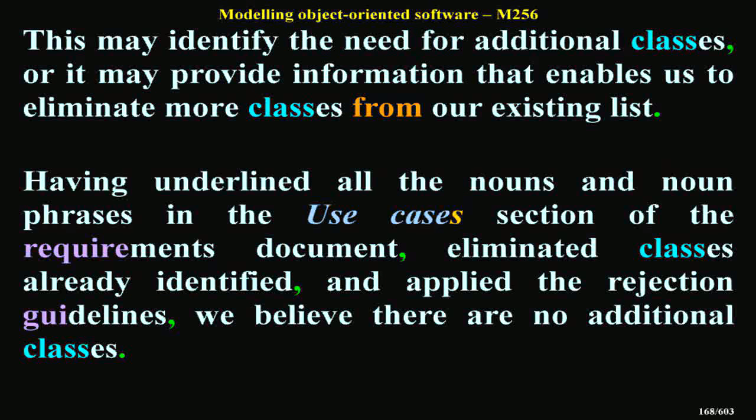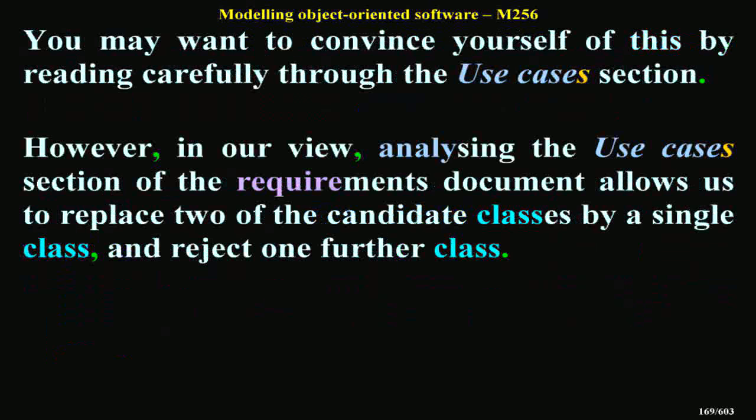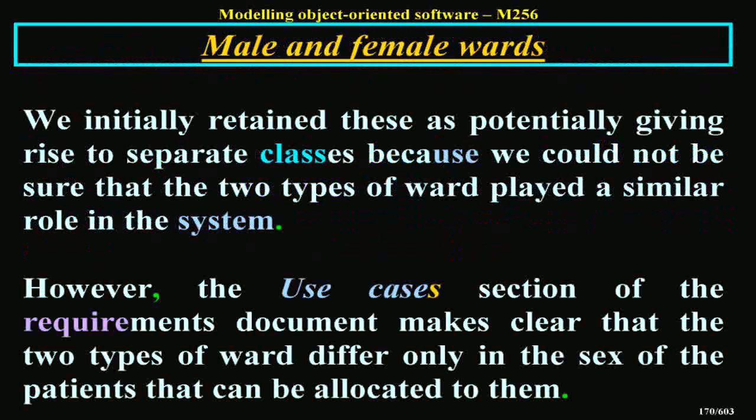Having underlined all the nouns and noun phrases in the use cases section of the requirements document, eliminated classes already identified, and applied the rejection guidelines, we believe there are no additional classes. You may want to convince yourself of this by reading carefully through the use cases section. However, in our view, analyzing the use cases section of the requirements document allows us to replace 2 of the candidate classes by a single class, and reject 1 further class. Male and female wards.